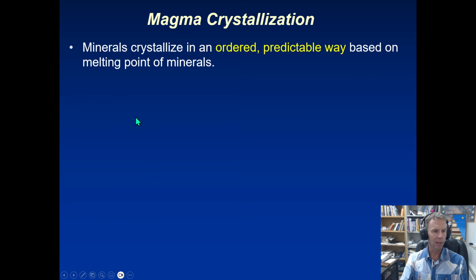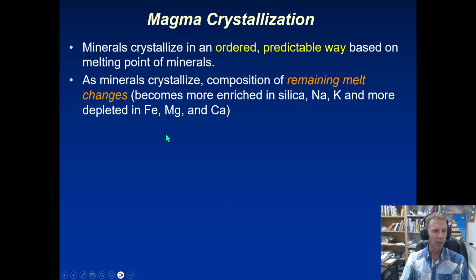So this has been verified with countless experiments. And what we see is that as the minerals form, the composition of the melt changes, because every time you make a crystal, you're extracting out of the melt some elements that you need to make that crystal. And so the composition constantly changes.